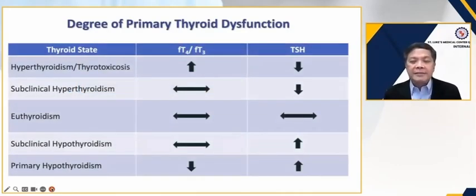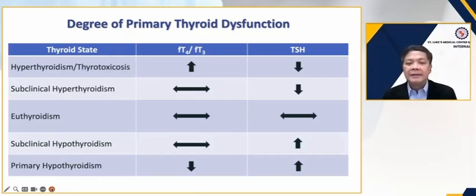So generally, as long as the HPT axis is intact, there's nothing wrong with your pituitary. These are the five most common combinations that you're going to see. In the middle, euthyroidism, T4, T3, and TSH are all normal. But in the early phases of mild hypothyroidism, TSH will be the one to become abnormal. So this is how we define subclinical hyperthyroidism: FT4, FT3 are both normal, TSH suppressed, meaning the pituitary is already sensing some excess thyroid hormone, and then eventually they become overtly thyrotoxic.